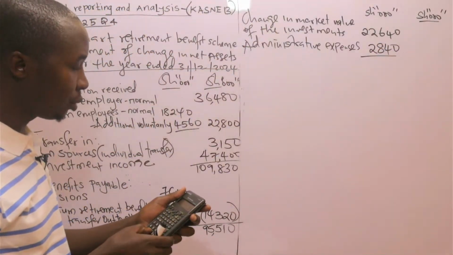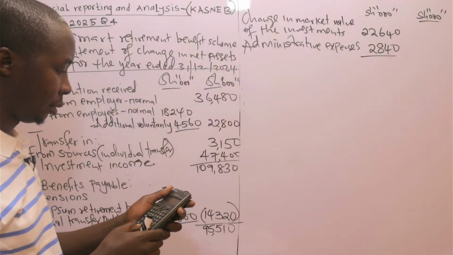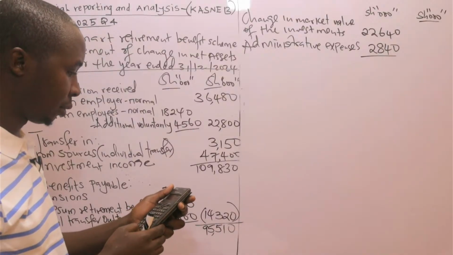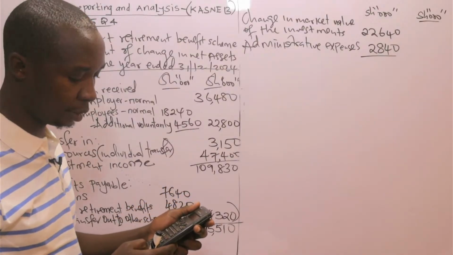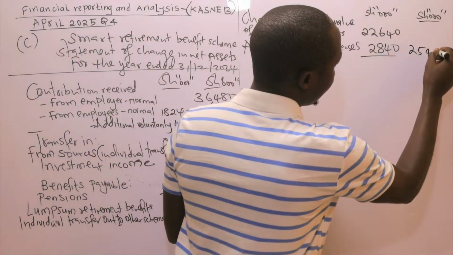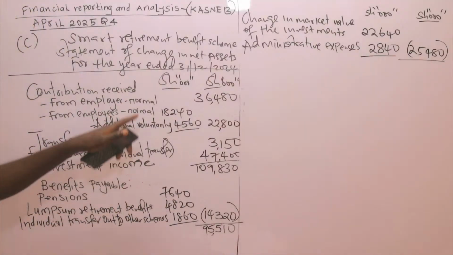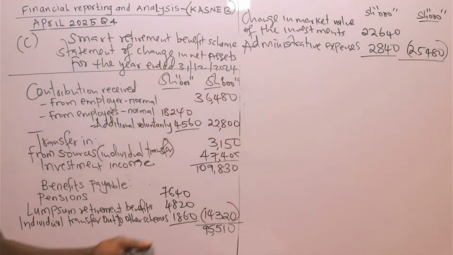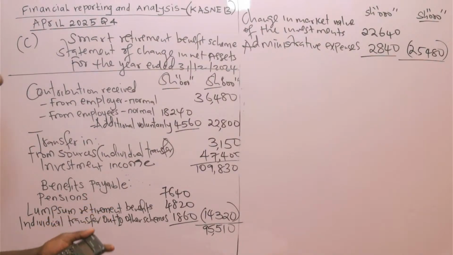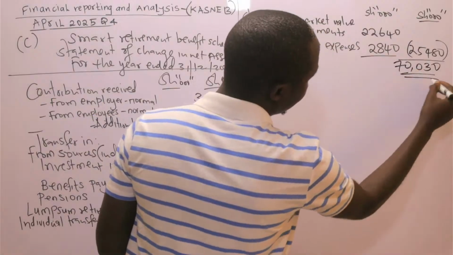So 22,640 plus 2,840, that is 25,480. Now the change in net assets will be 95,510 minus that answer, so that one will be 70,030. So that is the change in net assets.